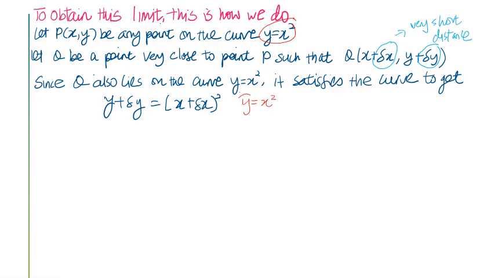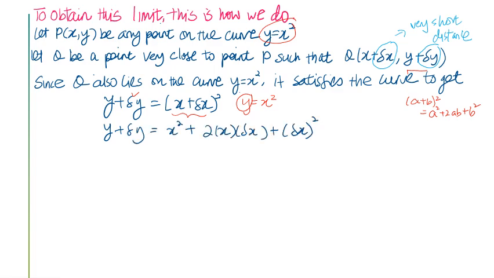So you substitute your y with the y coordinate here, which is y plus delta y, and your x coordinate is x plus delta x. We're going to expand this using the algebraic identity to get x squared plus 2x delta x, plus delta x squared.